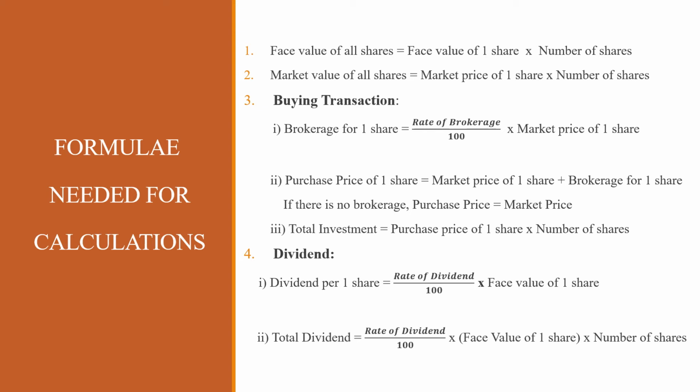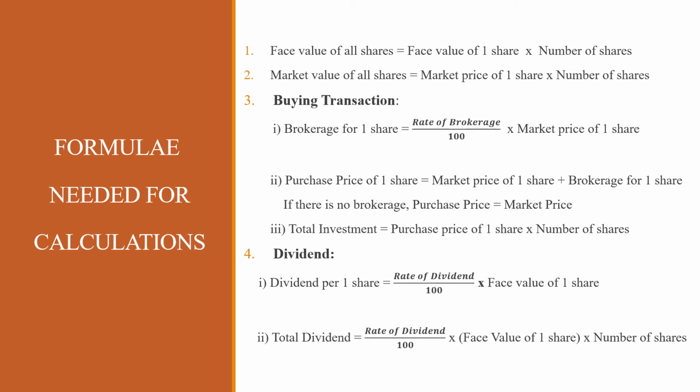Further, if we want to find investment, the total investment is nothing but purchase price of one share multiplied by number of shares. After the buying transaction is done, if the problem mentions dividend, we can use the dividend formula to calculate dividend. This is same as the formula in the earlier slide.